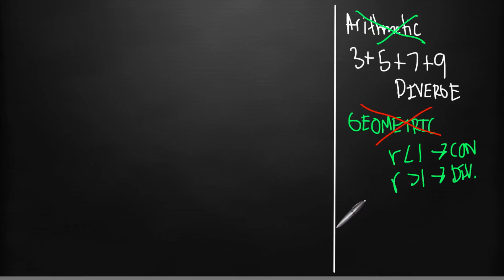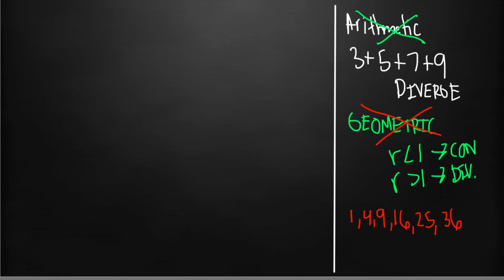What do we do? For instance, like 1, 4, 9, 16, 25, 36. Actually, if they had pluses in between this, it would be a series. This is not geometric because you're not multiplying by the same thing every time, and it's also not arithmetic because you're not adding the same each time.